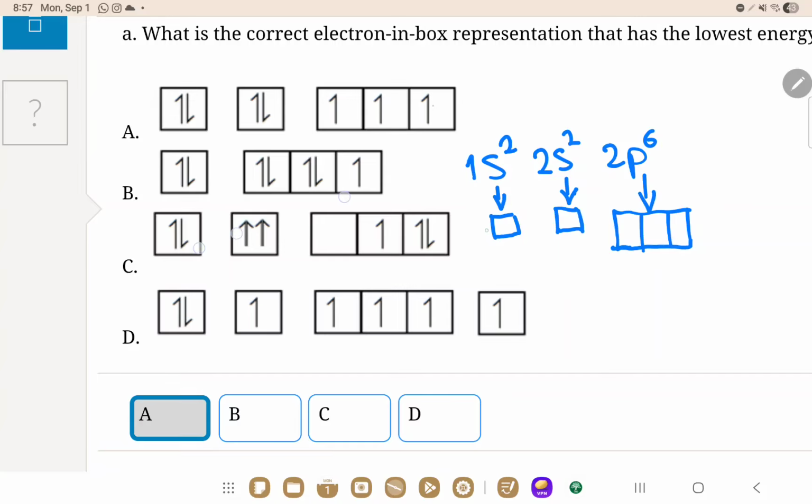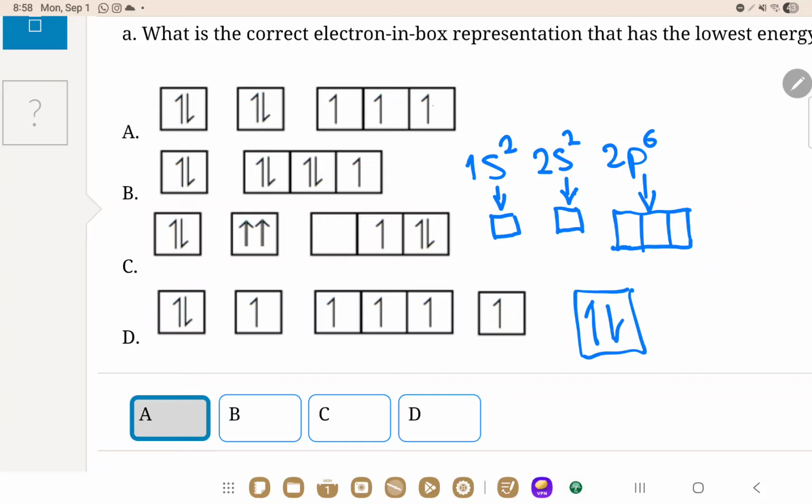So when you have this S box, it's basically 1 room. To fill this room, you need 1 going up and 1 going down. And you are not allowed to move to the next box until you have the first box filled. They both have to be in opposite directions.